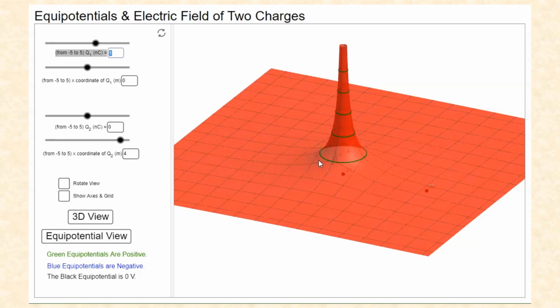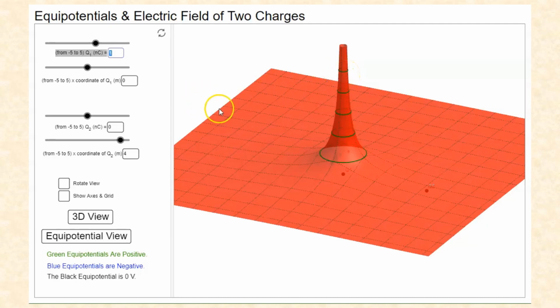And notice that the electric potential depends upon the sign of the charge. For a positive charge, the electric potential at various points in space gives us what we would call a potential hill.